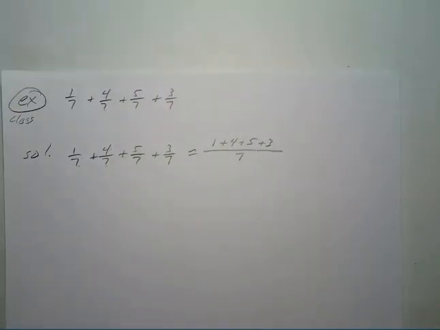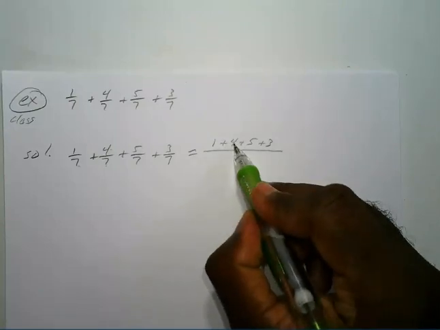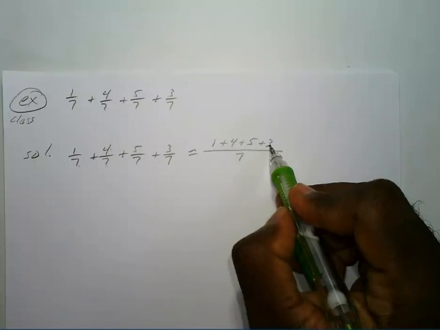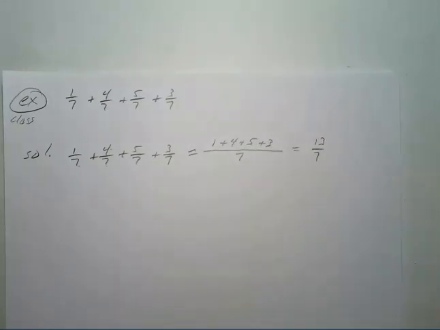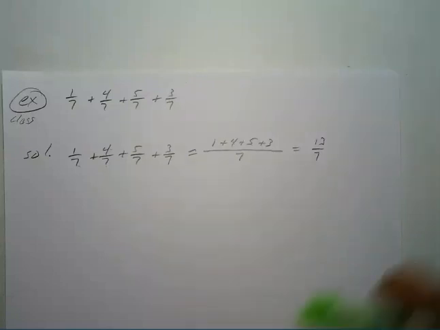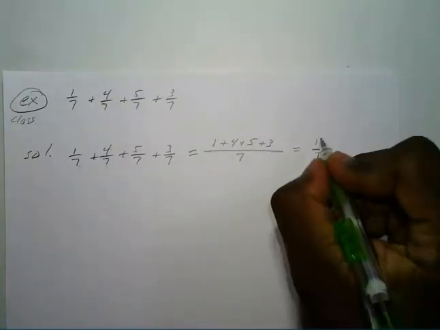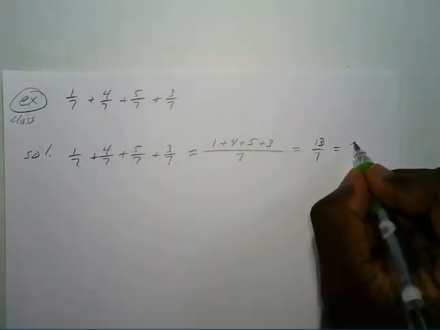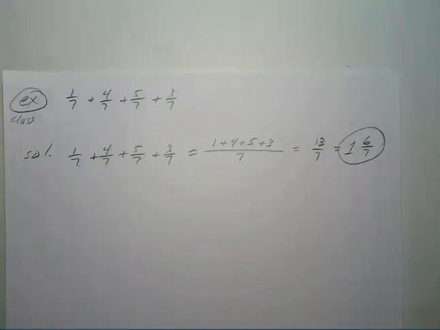So 1 plus 4 is 5. 5 plus 5 is 10. 10 plus 3 is 13. So we have 13 over 7. Let me clean up that 3 a little bit. And if we turn that into a mixed number, we have 1 6/7 as our final answer.